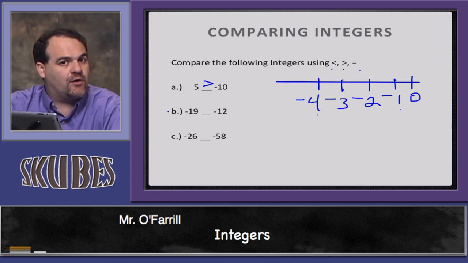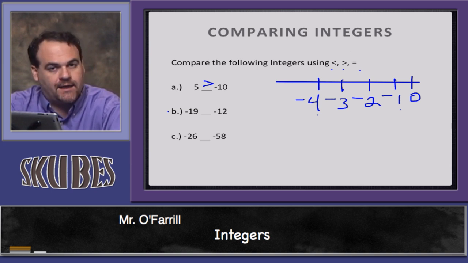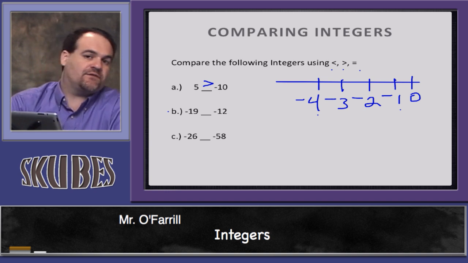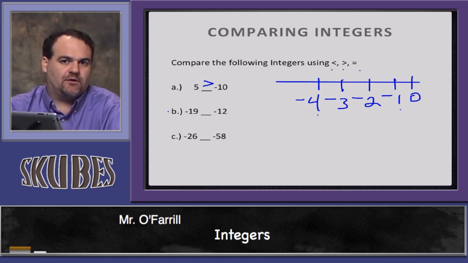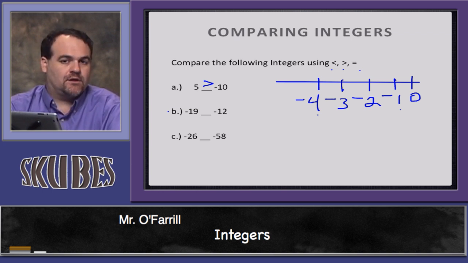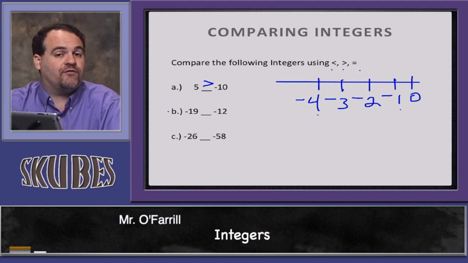Well, negative 1 is farther to the right on the number line. Negative 1 is the bigger number. Even though under normal circumstances, if we were dealing with positive numbers, 4 is bigger than 1. Remember that negative numbers are counting backwards. They're going the opposite direction. So the number negative 1 is closer to 0, or farther to the right, than the number negative 4.